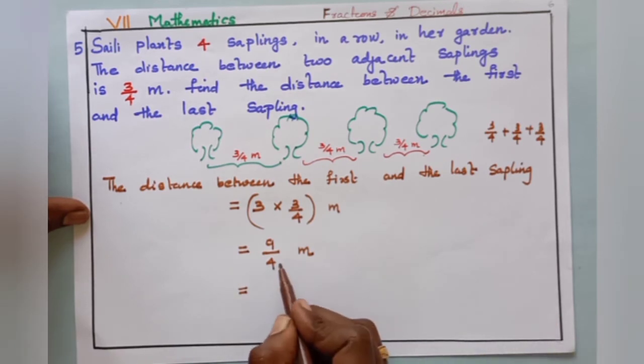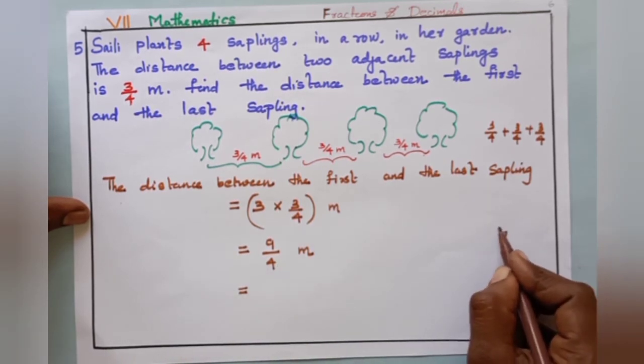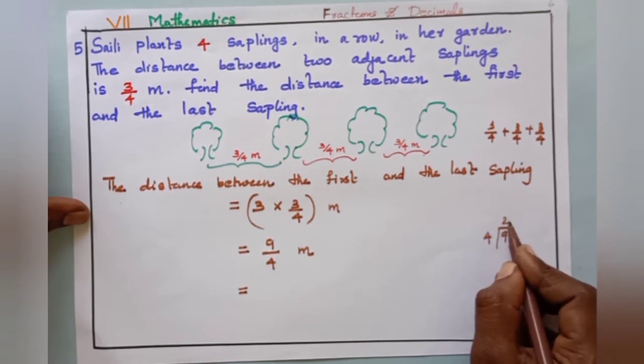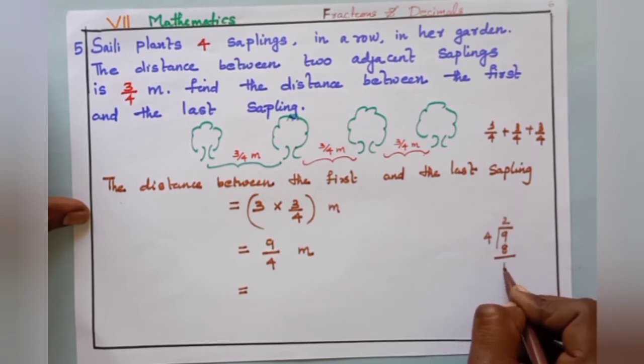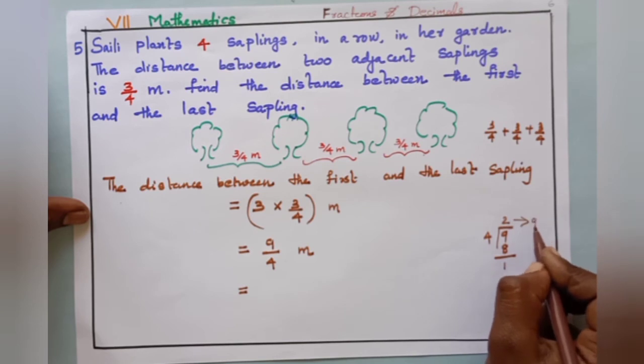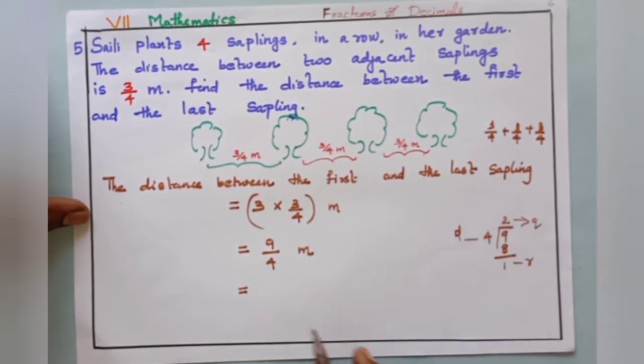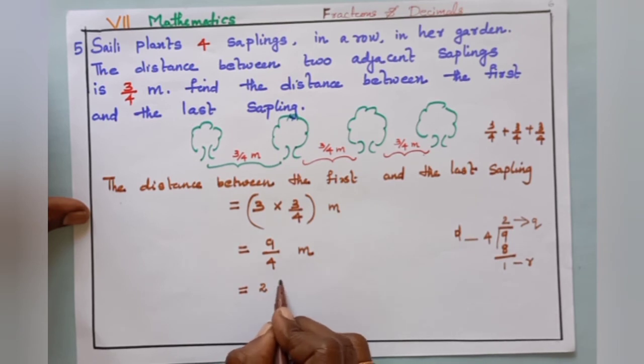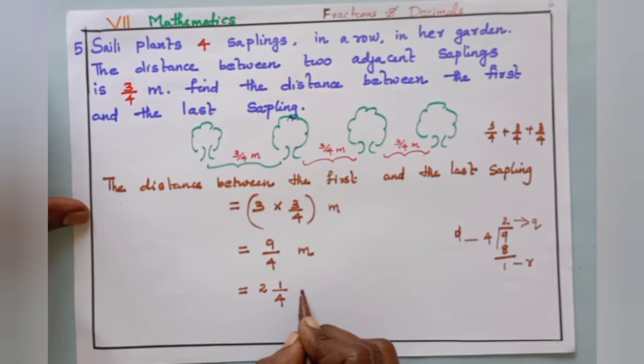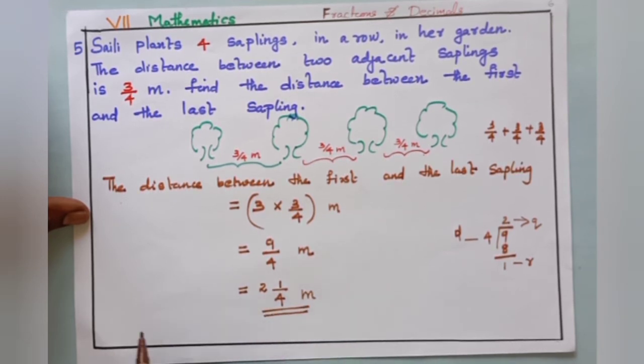Convert into mixed fraction. 9 by 4. 2 4s are 8, 1 balance. Quotient, remainder, divisor. So, quotient into remainder by divisor. 2 and 1 by 4 meter.